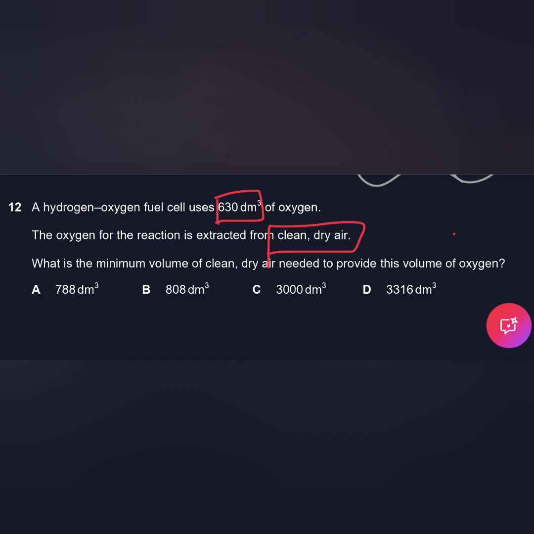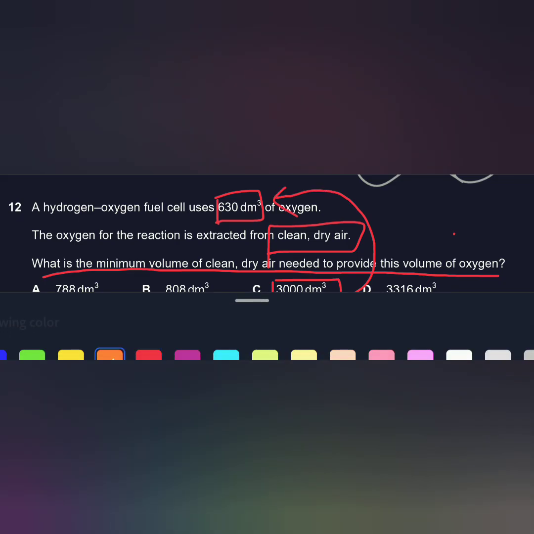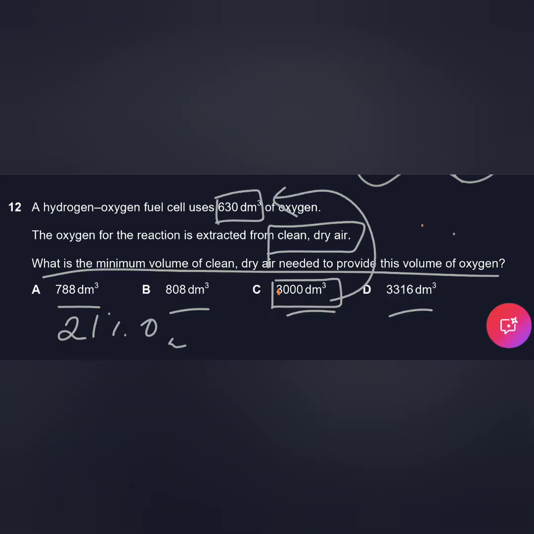So students, the simple trick to this question is that we know that clean air contains 21% oxygen by volume. So the correct answer will be 3000 decimeter cube, because 21% of 3000 decimeter cube will be 630 dm cube. So the correct option is option C, that is 3000 decimeter cube.